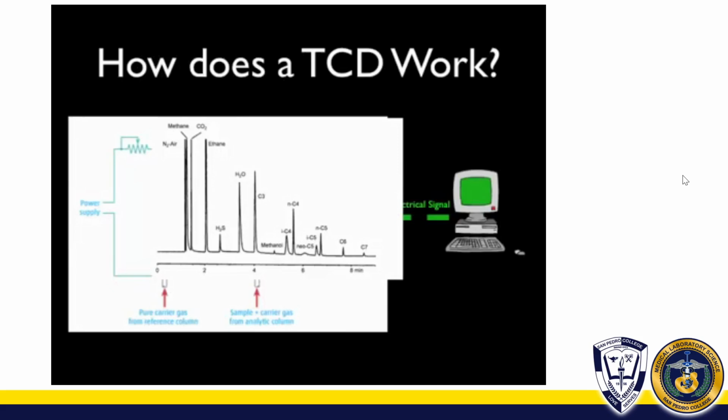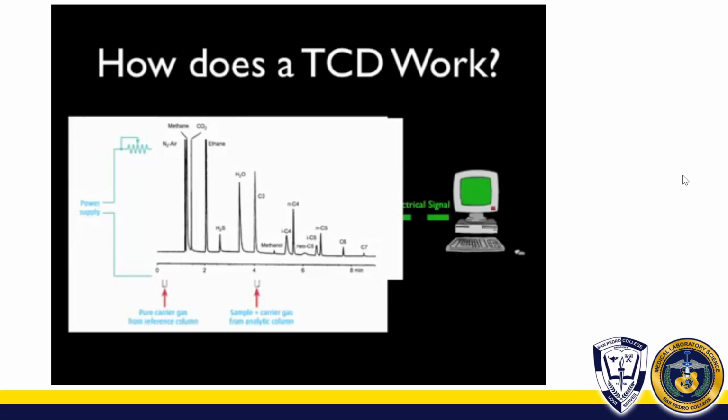As mentioned, usually our sample components have lower thermal conductivity compared to our reference. And thus, because of the difference in their thermal conductivity, changes in electrical resistance are created that are detected in your filament.